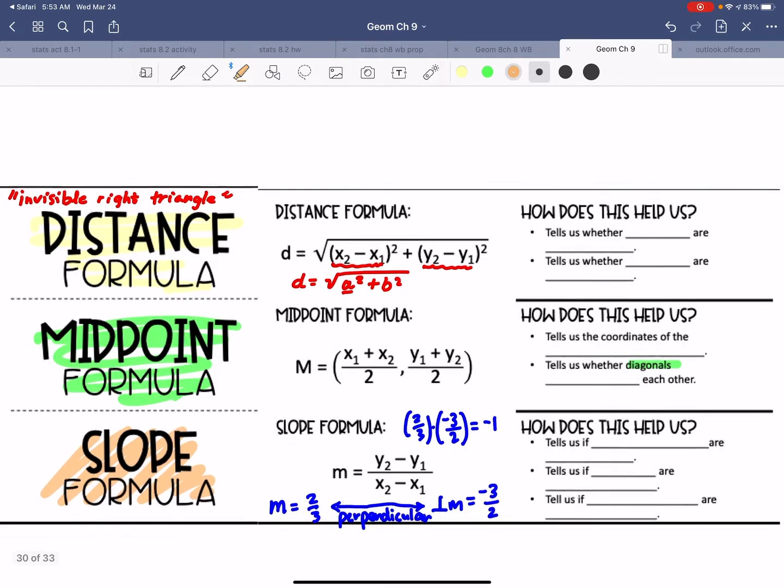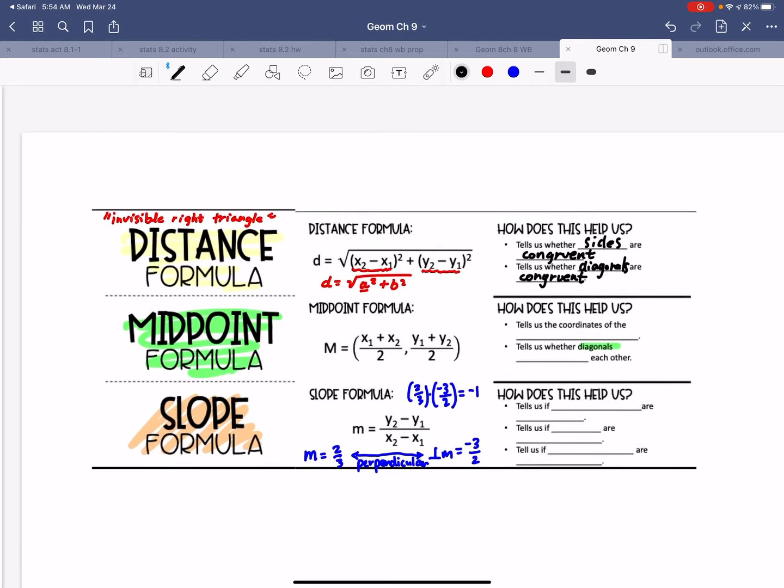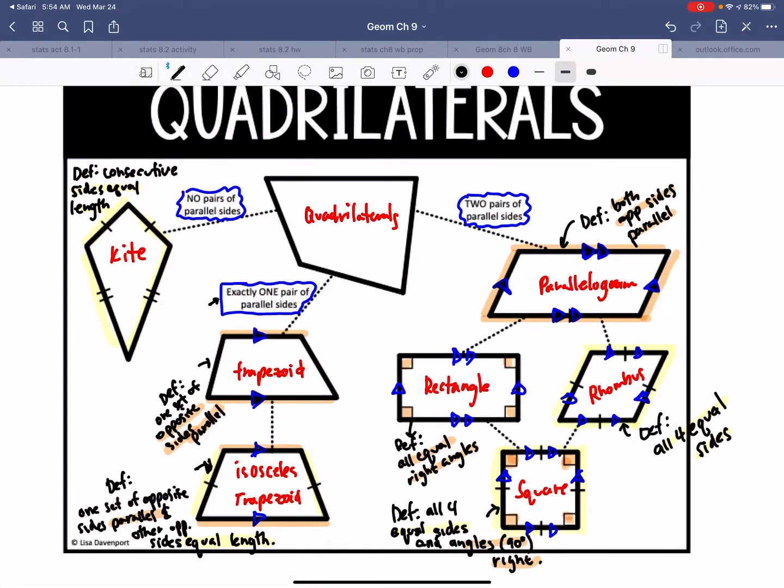Okay, so my invisible right triangle, or my distance formula, is going to be useful, as we said, when we're trying to figure out if sides are congruent. So they tell us whether sides are congruent, right? They also tell us whether or not diagonals are congruent. So if I look back on my shape here, I know that rectangles have equal diagonals.